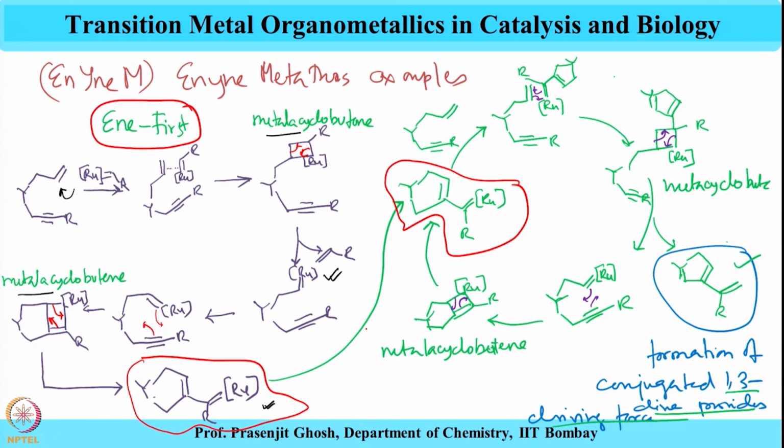We are going to talk more on the mechanistic aspect of this ene first pathway of enyne mechanism in the next lecture. However, we have come to the end of this lecture, in which we have just looked into various mechanistic pathways that are possible for enyne metathesis.